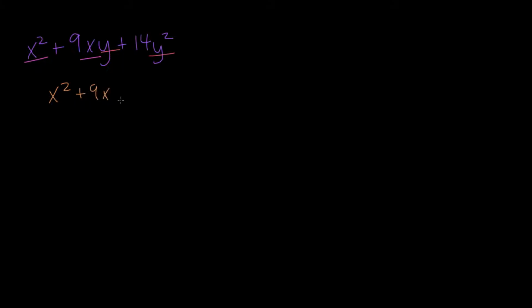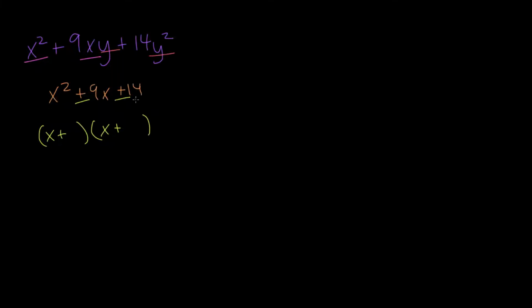So x squared plus 9x plus 14. How would we go about factoring this? Well, we look at our signs and both of them are pluses, so we know it's going to be in a form like this. Both of these are going to be pluses, and these are going to have numbers right here.